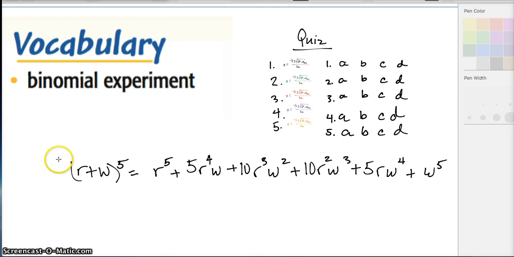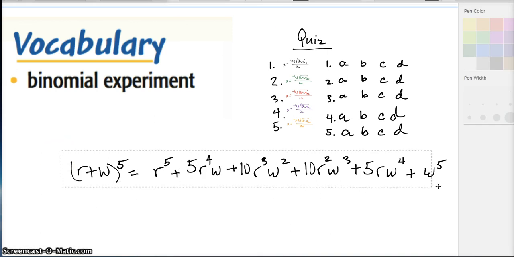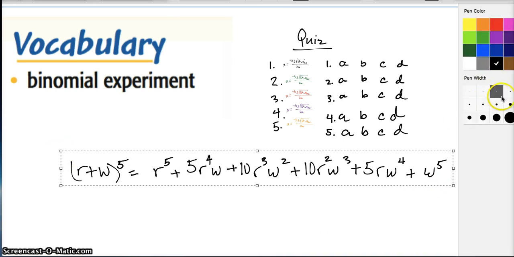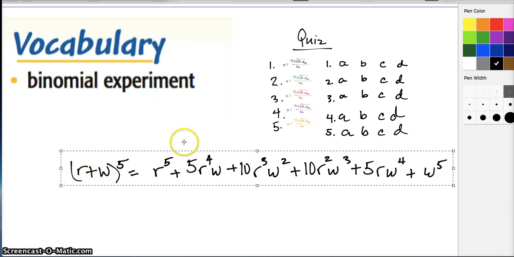You'll remember that back in Chapter 11, we had Pascal's triangle and the binomial expansion theorem to show how to expand a binomial to a different power. So we can look at this as all the possible ways of different situations happening.